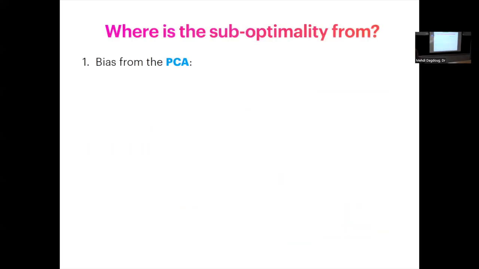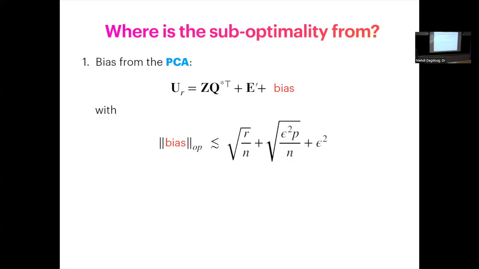But fortunately, in this case, we are able to identify where the suboptimality comes from. I'll mainly give you two sentences to describe the bias. One is from using principal components to estimate the low dimensional space. That's the intrinsic bias from PCA for estimating Z. The second one is, once you have these principal components estimating this low dimensional space, if we are using projected gradient descent to solve the varimax problem, an additive error can give you another bias.